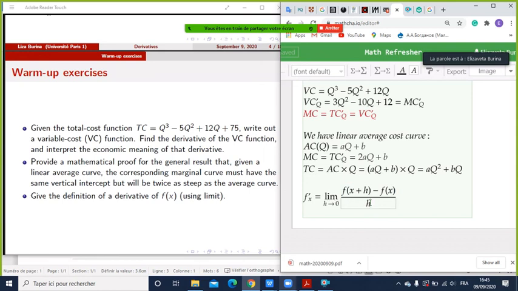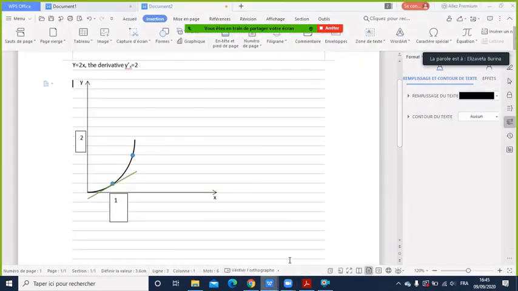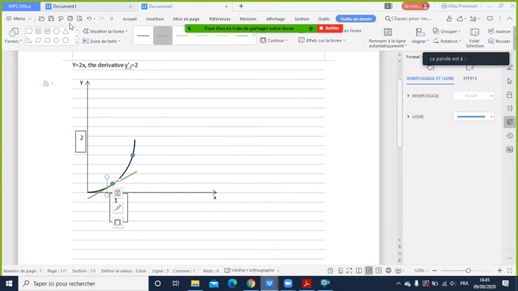So what we want to see, if I come back to this example, I was at this point, and I'm coming here to this point of the function, right?